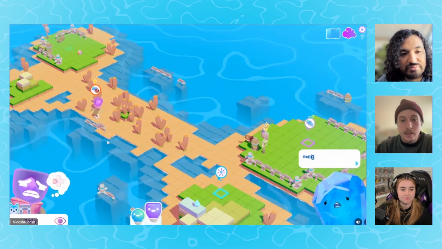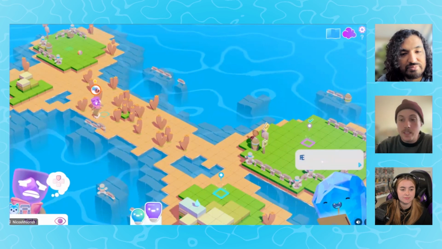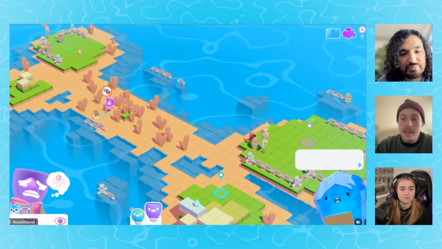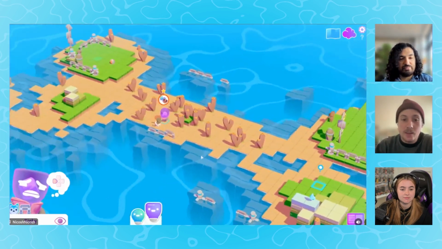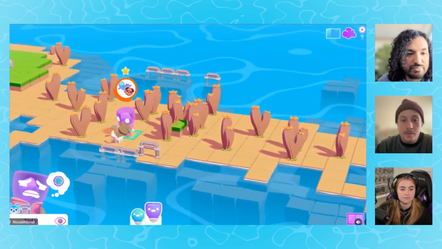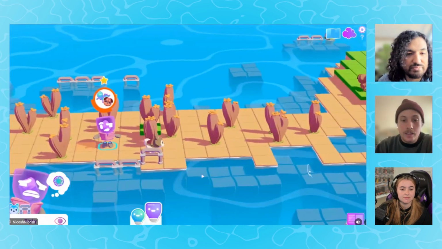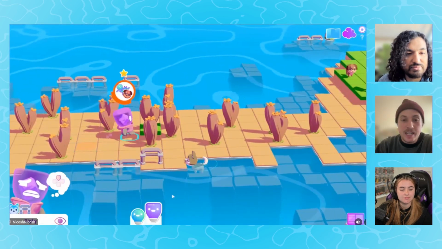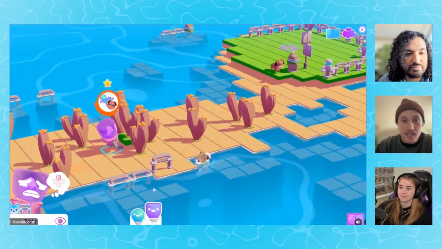So this one's a bit more difficult because as you can see, there's a bunch of cacti in the way. The dog's going to run around and then it's going to get potentially stuck because it's never seen a cactus before.